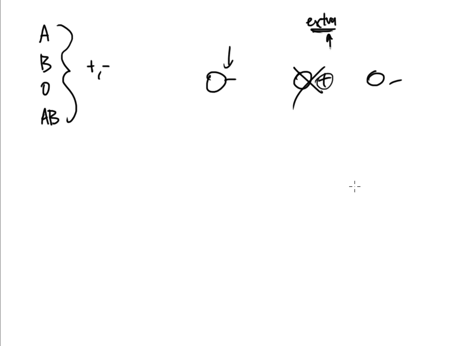So if you've caught on to what we have done, we've been explaining who can give blood to who. So here's the story. If you are O negative, this is you, you can give blood to anybody.